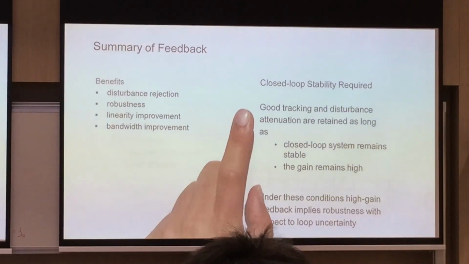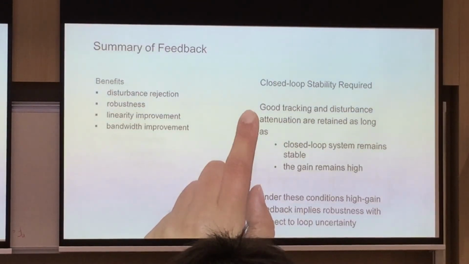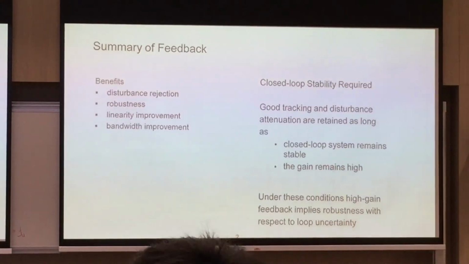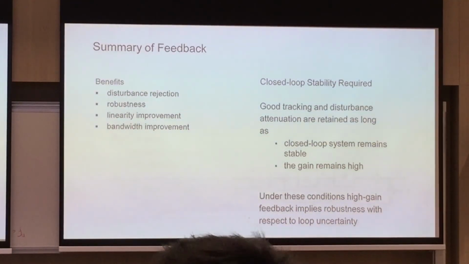You can track the command response very well, and attenuate the disturbance, as long as the gain of the closed loop system remains high. And you can take out the measurement noise via sensors.